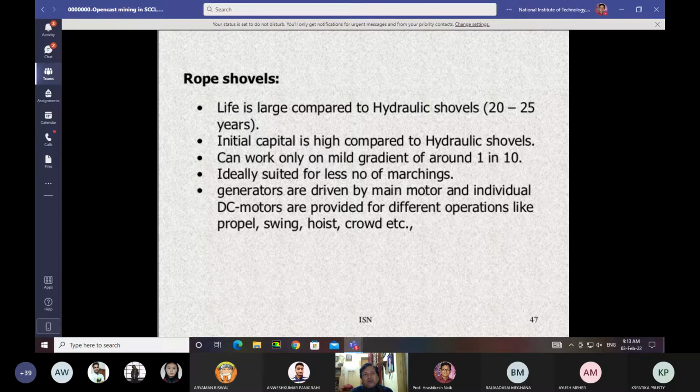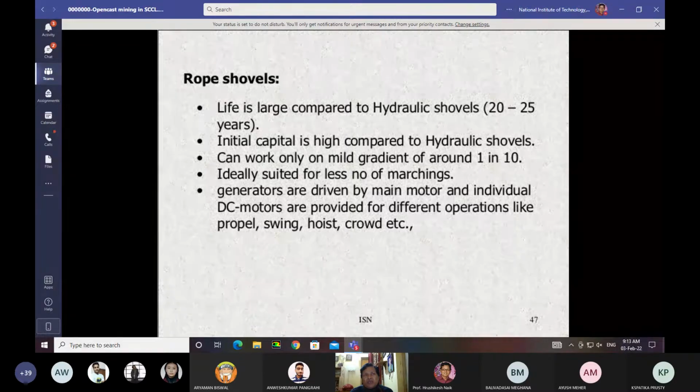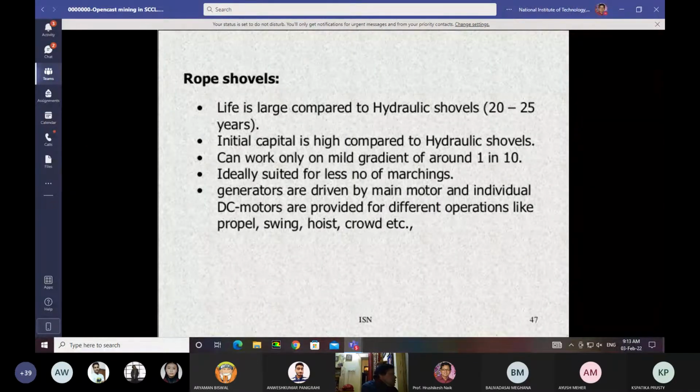If the deposit is flat, horizontal, around 1 in 10, then only the electrical driven shovels can be used. If the deposit is steep, it is better to go for the diesel shovels. So this is also one of the reasons why people select a type of shovel depending upon the size of the machine.